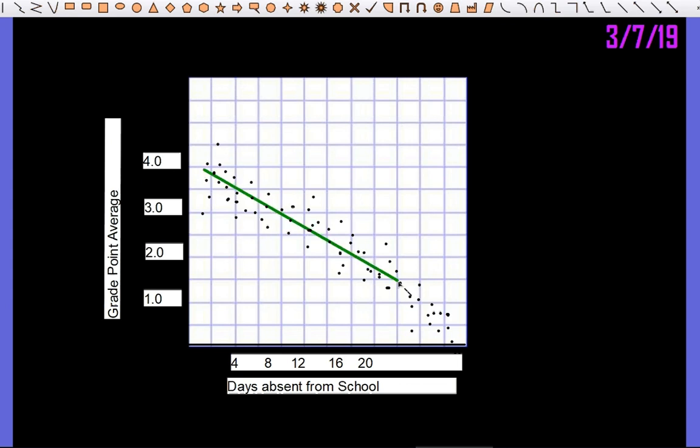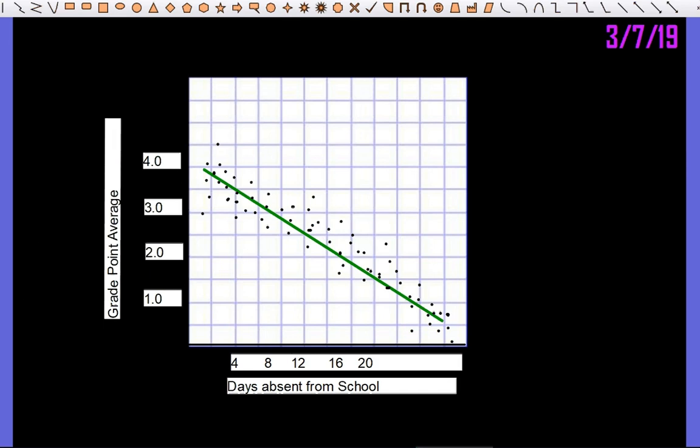You can see and notice, again, as my X values increase, my number of absent days from school, my Y value decreases. So I'm starting at a 4.0 average and going down, okay? And so as you're seeing this, there's going to be a negative slope, a negative correlation, or a negative relationship.